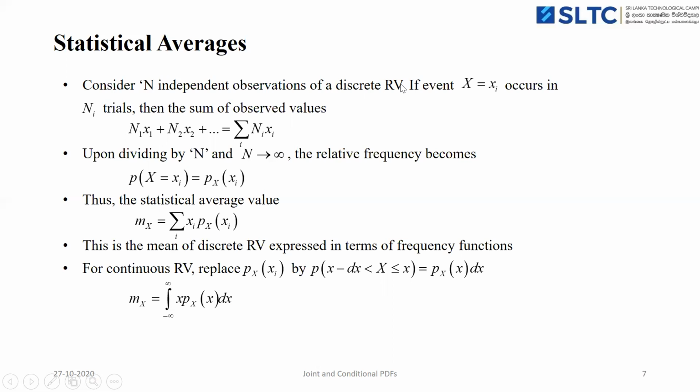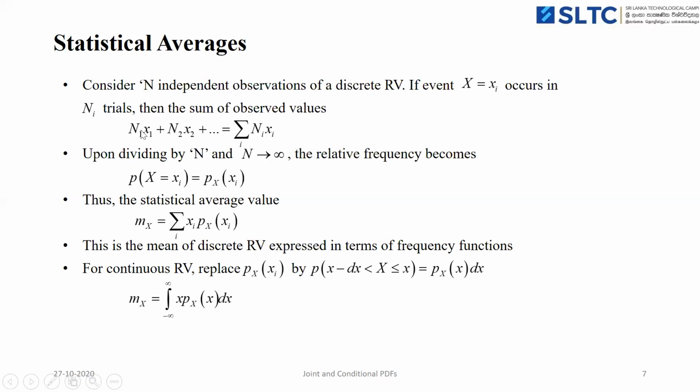If you take the event x equal to xi, it is occurring ni times in that experiment. Then we can sum all the observed values, which will give the average of the particular experiment.